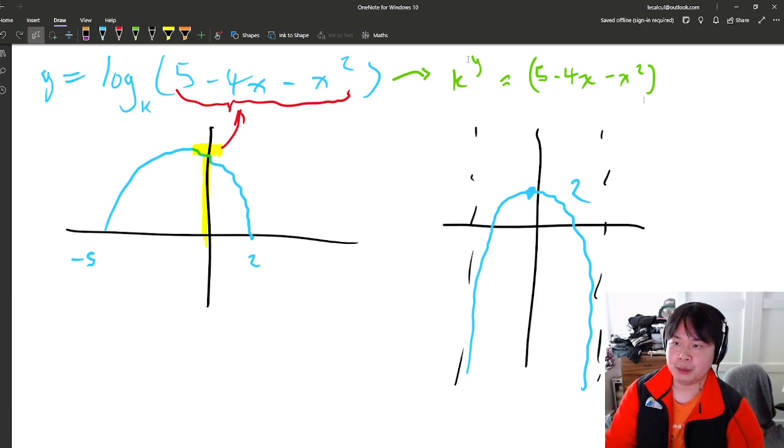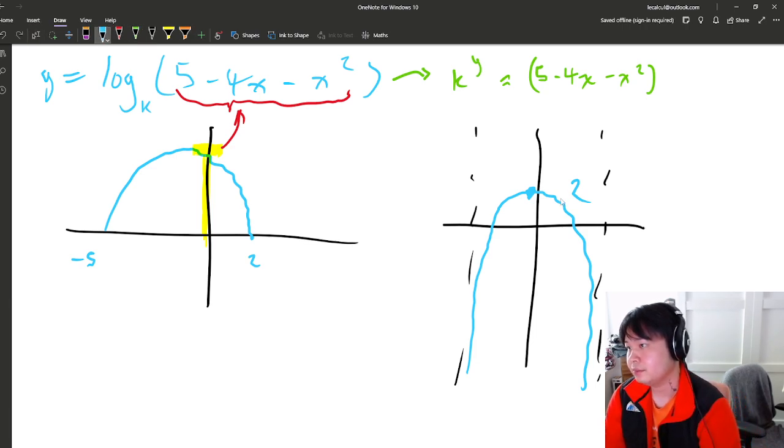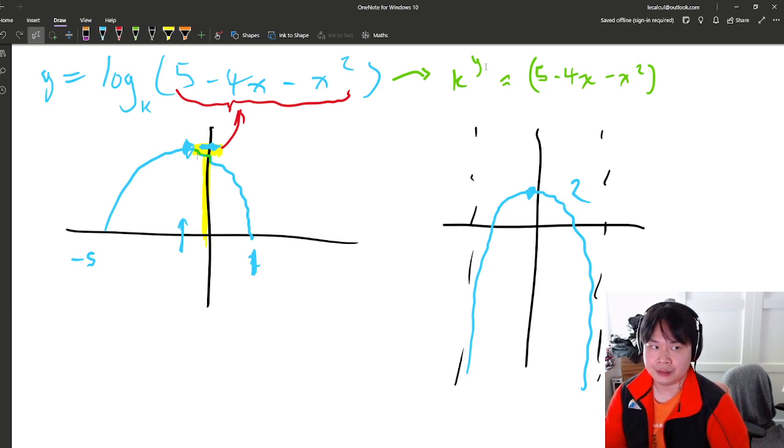That means that your exponent y is the largest when this is the largest. So what I'm trying to do is just find the x value. Oh, this should be a 1. So this is when we have the largest input into our log, right here. This means that we would have the largest y value, and y is what we're considering the maximum.